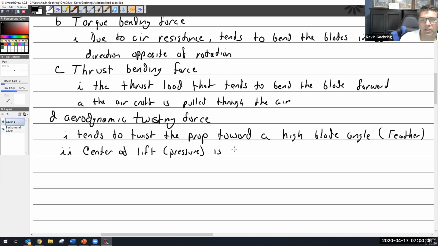It is forward of the center of rotation, which is the midpoint there. So the center of lift, or pressure, is forward of the center of rotation. Because of that, it tends to pull the blade up around that center of rotation, as the picture showed. I will not duplicate the picture. And then the big one.